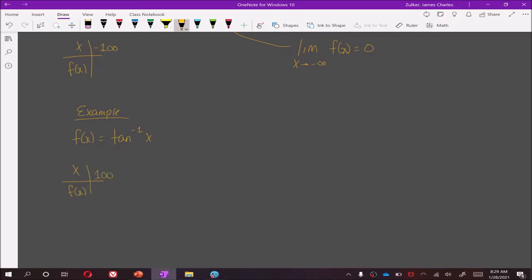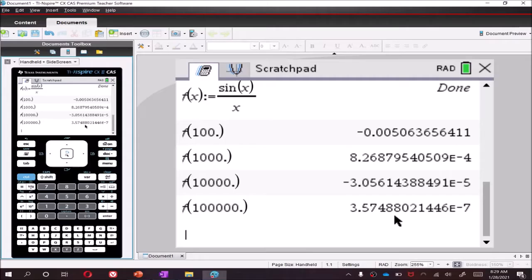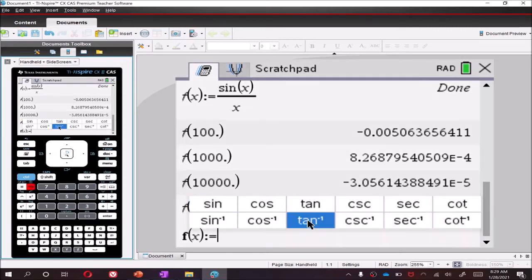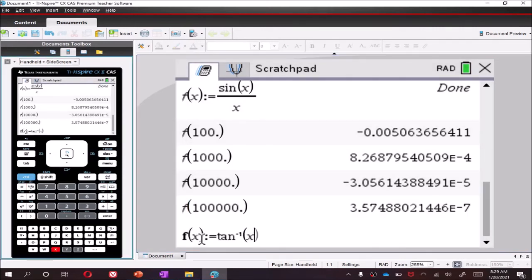We'll start with 100. We need to redefine. So f of x is now trig inverse tangent of x.